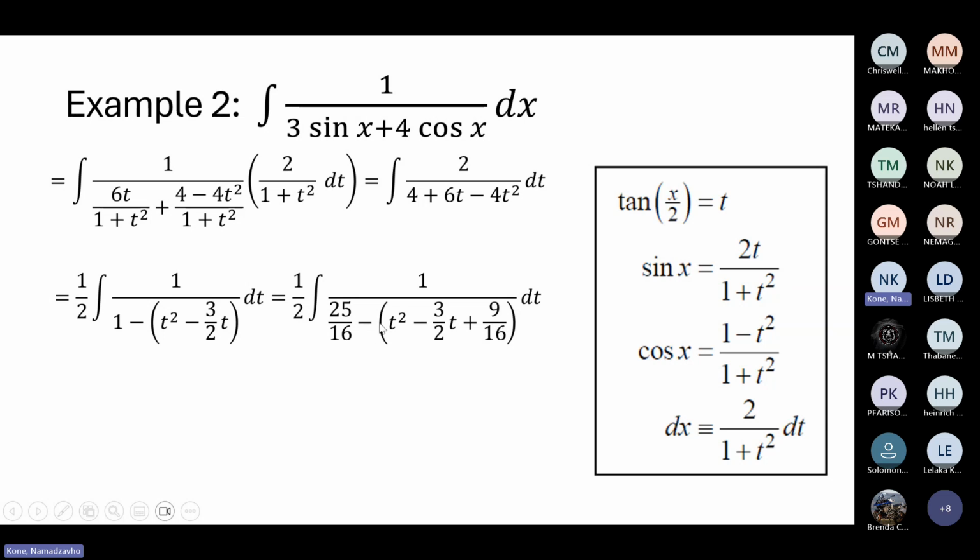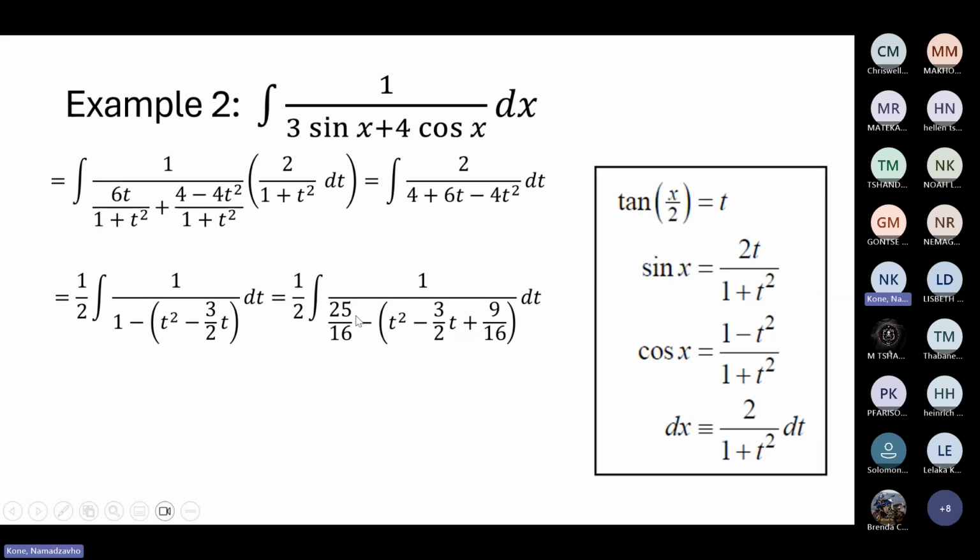But outside the bracket, there is this negative sign that applies to everything inside, which means that this is in actual fact a minus 9 over 16. That's why we must add 9 over 16 to this one, and it gives us 25 over 16. 1 is the same as 16 over 16 plus 9 over 16. The denominator is 16. On top, 16 plus 9 is 25. So that's where we get this 25 over 16 from.